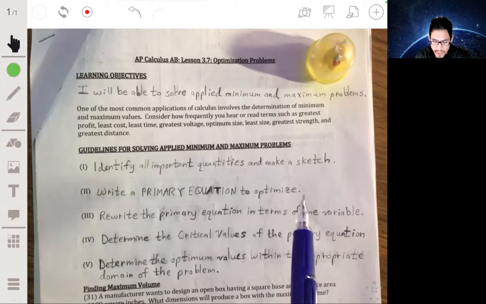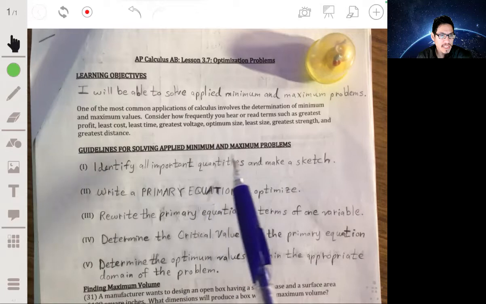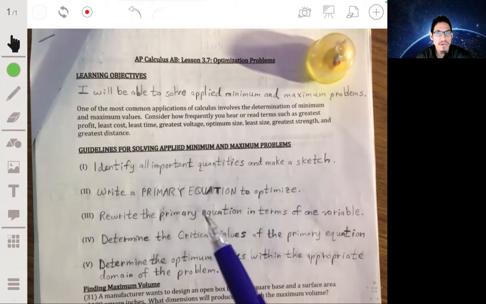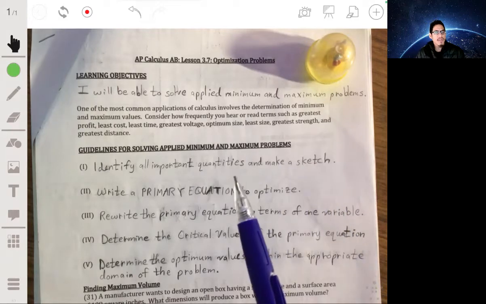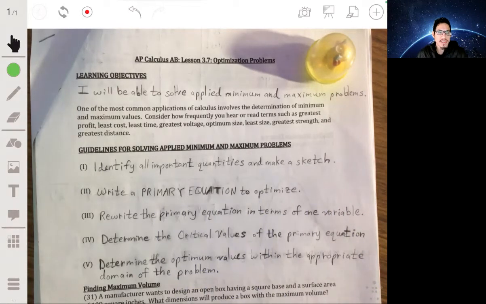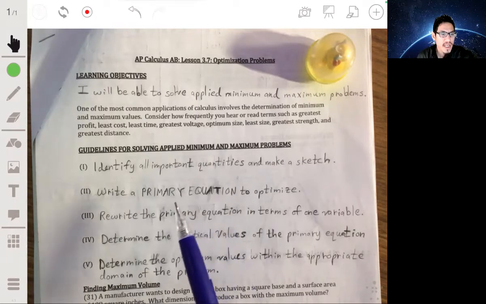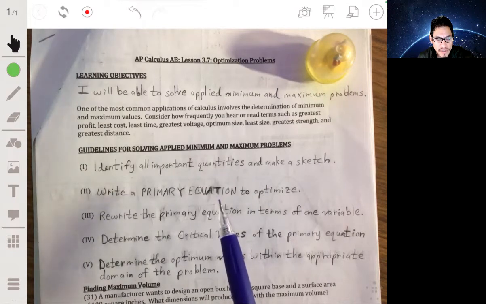So when we're doing optimization problems, remember we're trying to find minimums or maximums of an equation. And so it's going to be helpful if you make a sketch and identify all the important quantities that you're working with. Then you have to find a primary equation, meaning an equation that you're going to be able to use all throughout the problem.